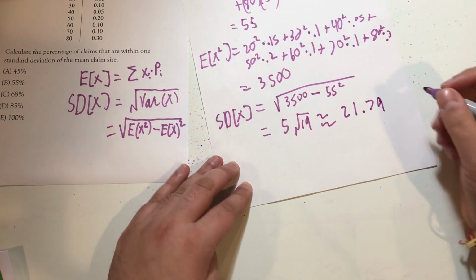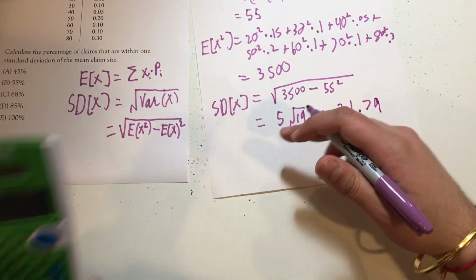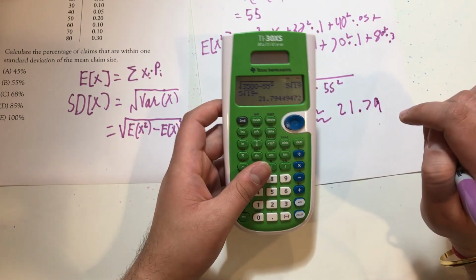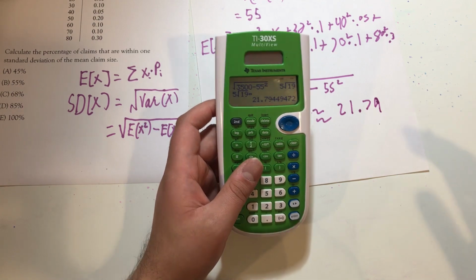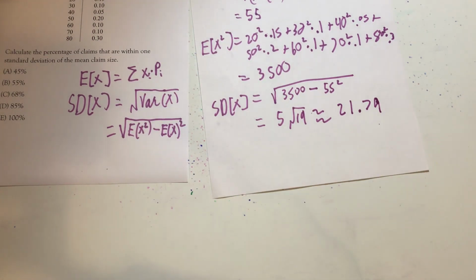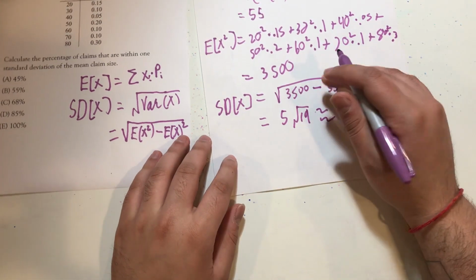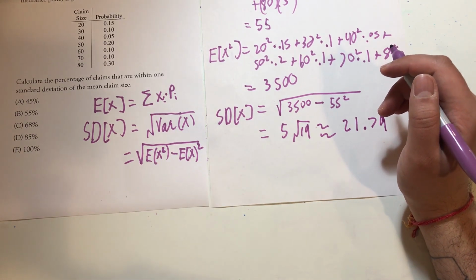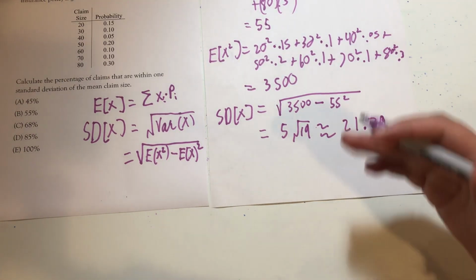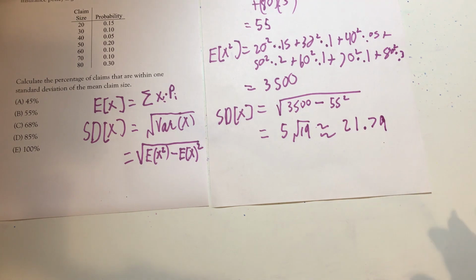However, for calculations, I suggest using the 5 root 19 that the calculator will give you. I'm always really nervous about rounding errors, especially for FM, because when I was practicing that, that's where most of my mistakes had come from. But again, it's probably not going to make a difference. I'm just paranoid about that.